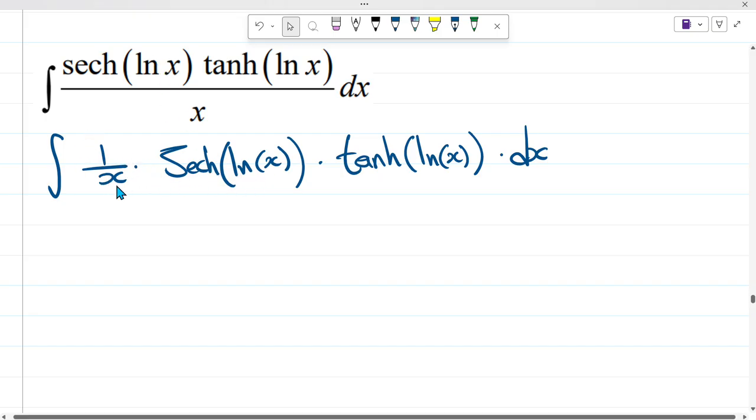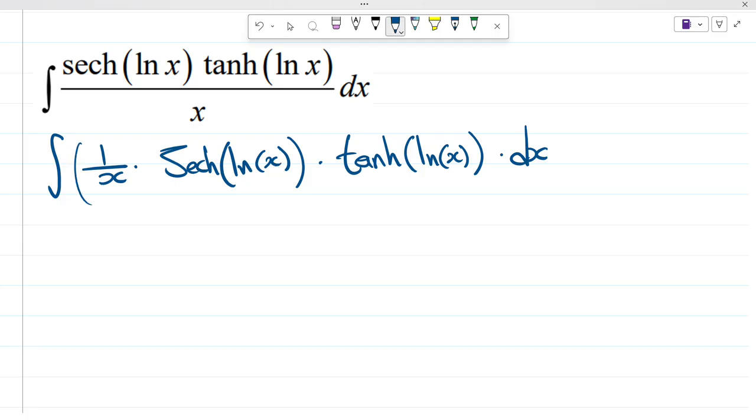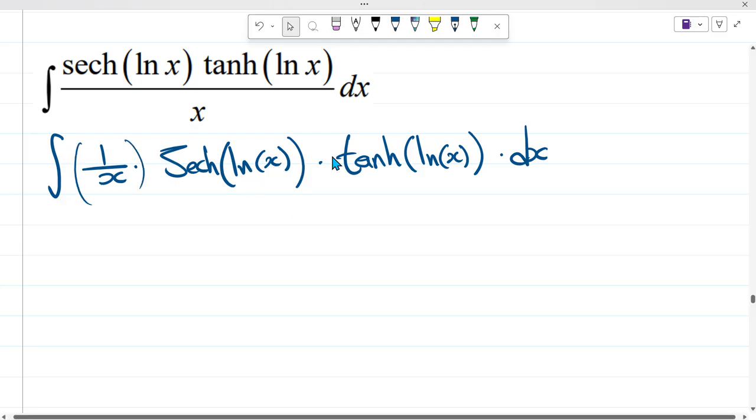However, if we write it like this, it's clear that this 1 over x is the derivative of this. It makes sense like that, that this 1 over x is the derivative of this argument that we have for these 2 hyperbolic functions.